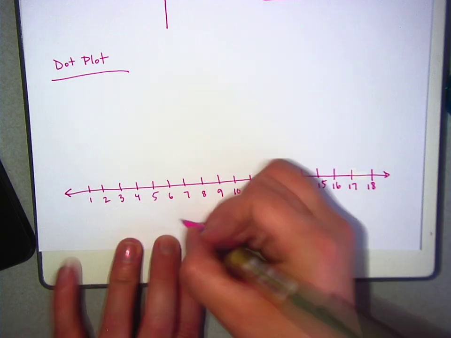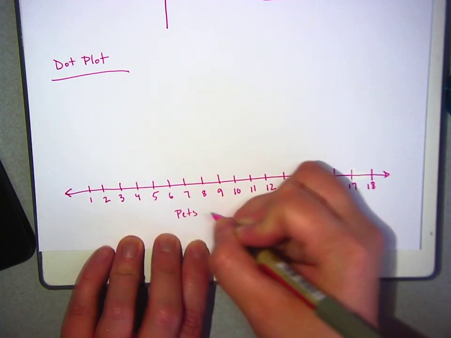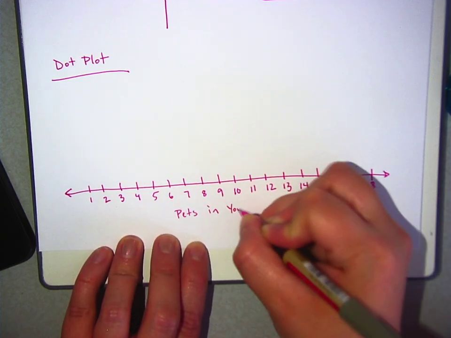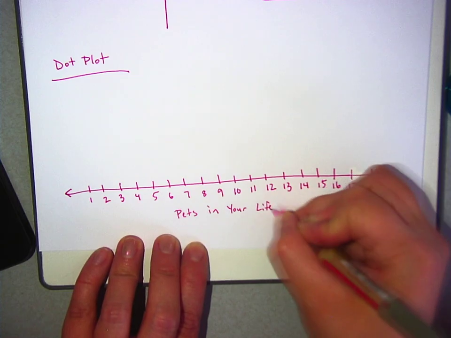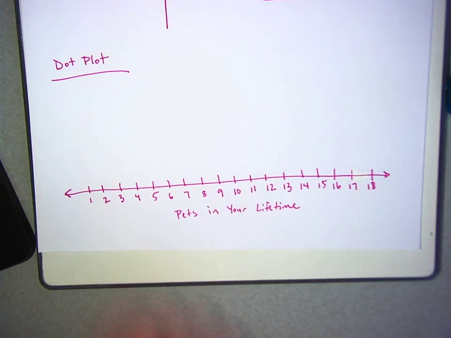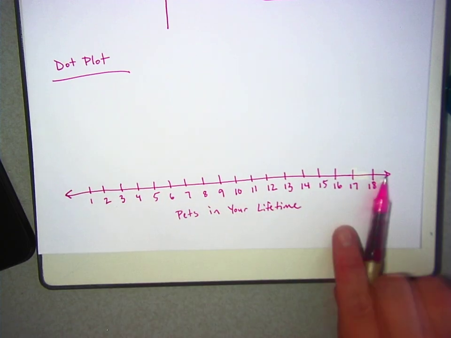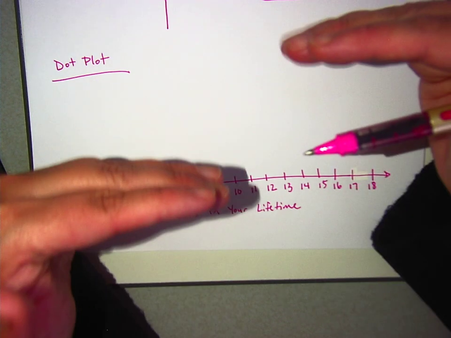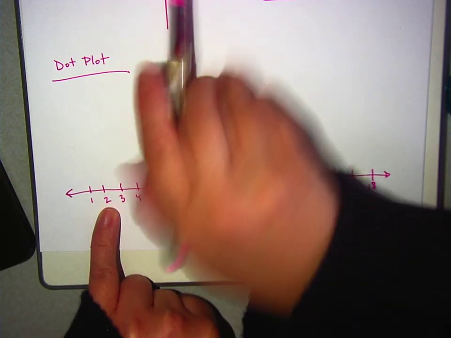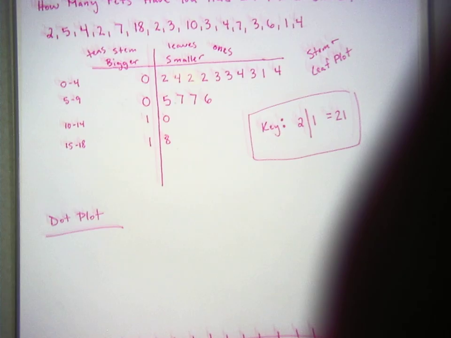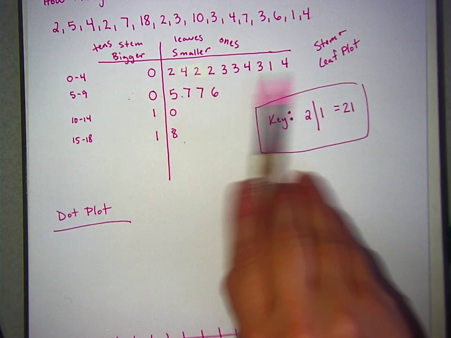You put a label underneath, pets in your lifetime. And then you put dots. And the dots go up if you have more than one. So I'm just going to look at the data that I already organized.